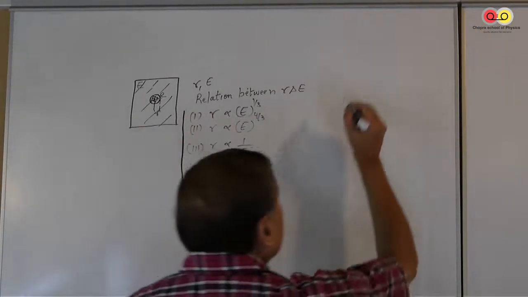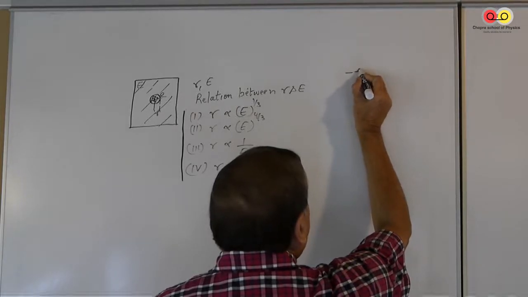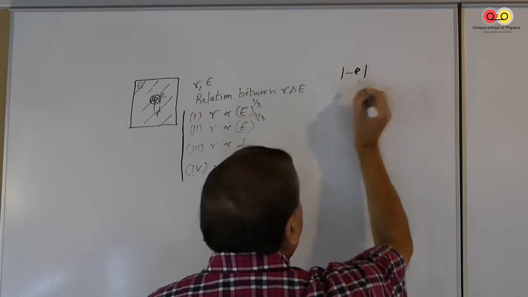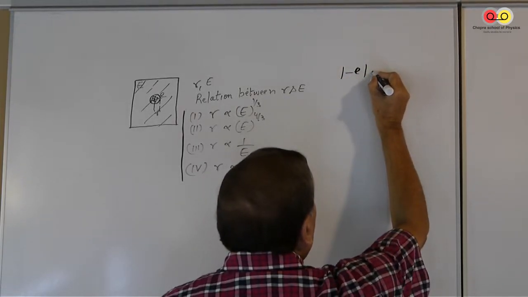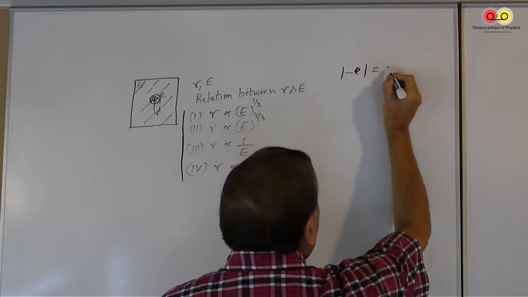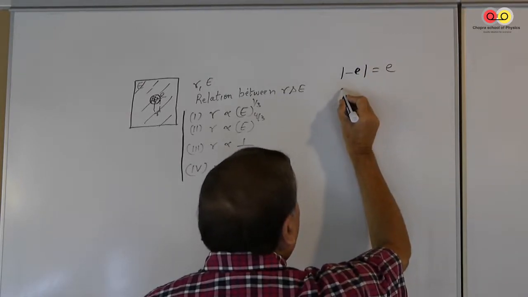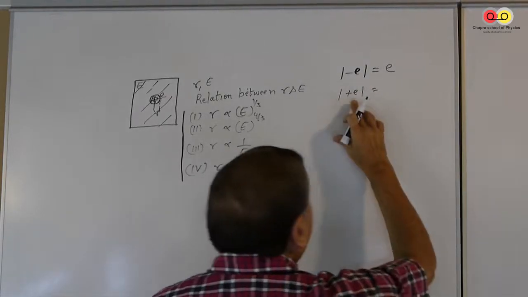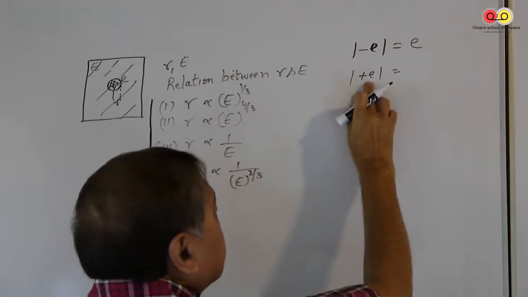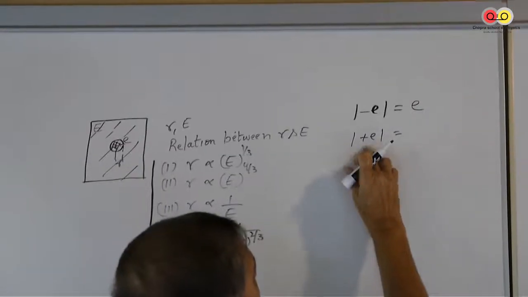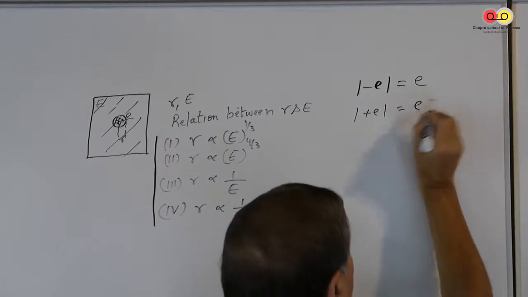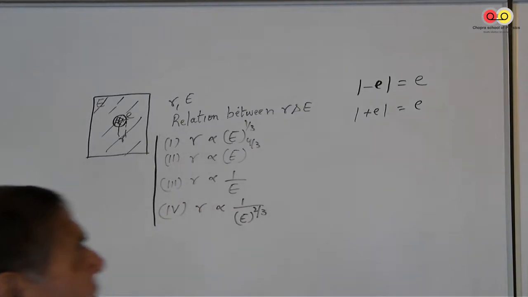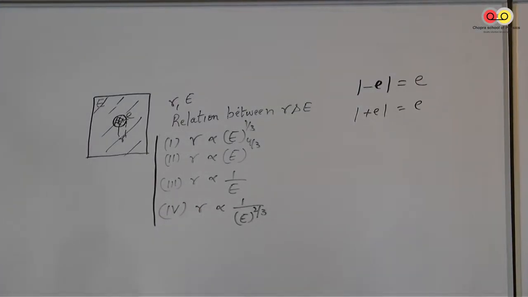Electronic charge is written like this, minus e. And when we write like this, the charge is the same but plus e, the proton charge, and this is also equal to e.